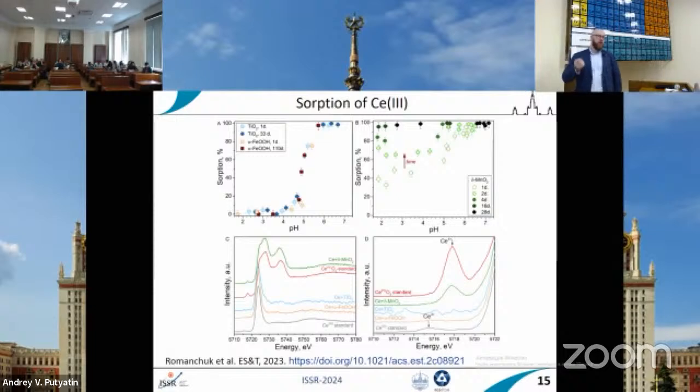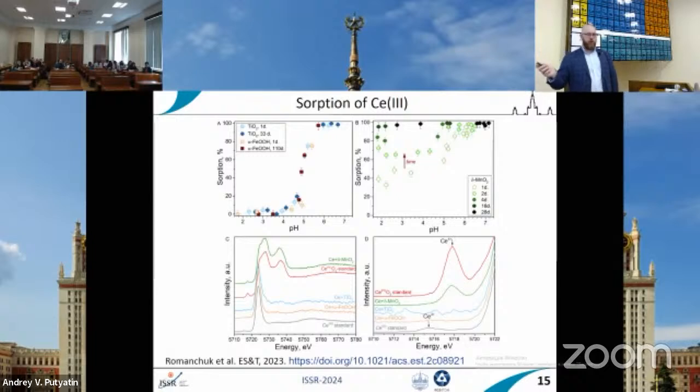So the cerium +3 in the presence of manganese dioxide oxidized to cerium +4, and the cerium +4, as far as it has a higher charge, has a higher sorption possibility or sorption efficiency onto the mineral surface.